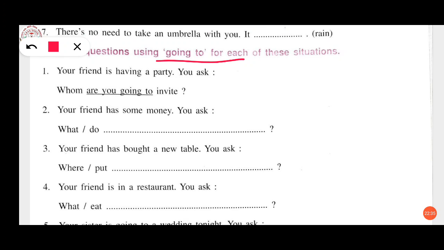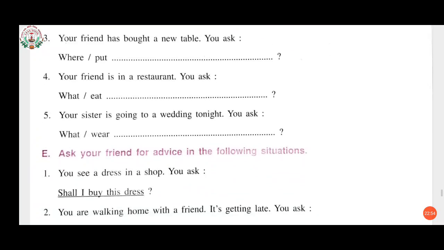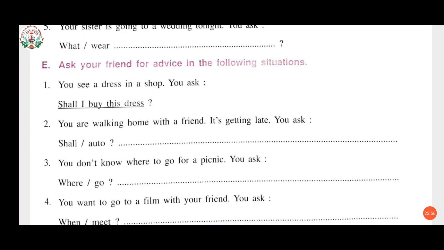What are you going to do with the money? Then third one, your friend has bought a new table, you ask, where are you going to put it? Likewise, you will just try to do it on your own.